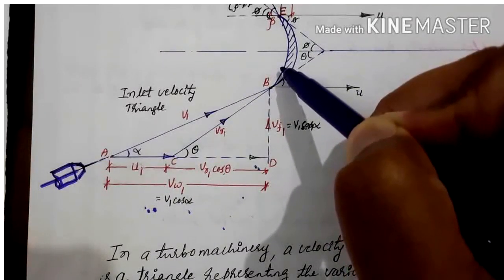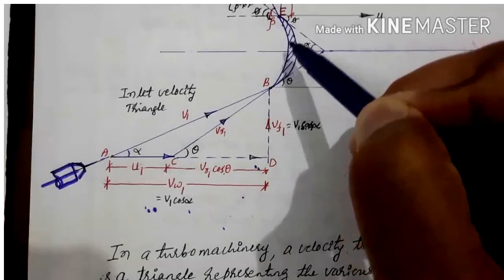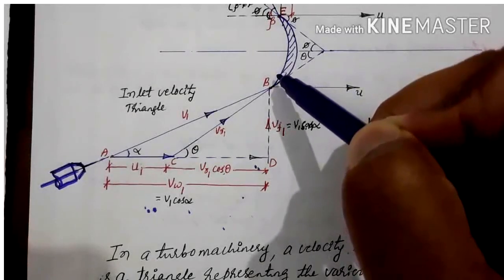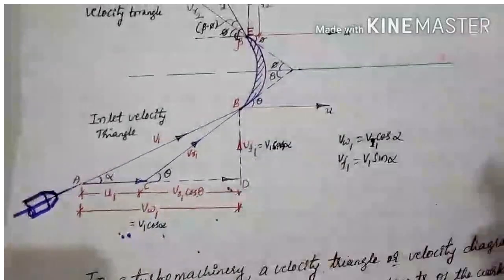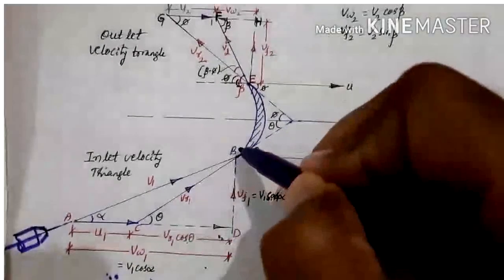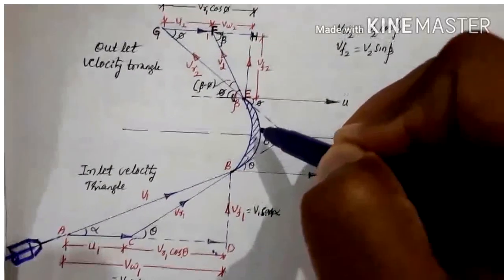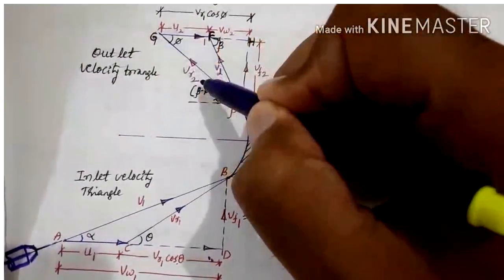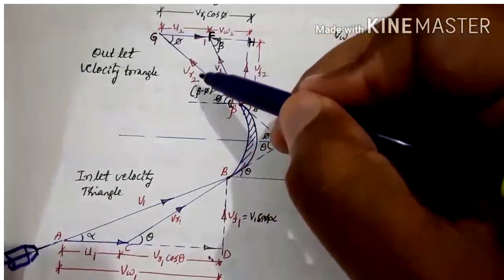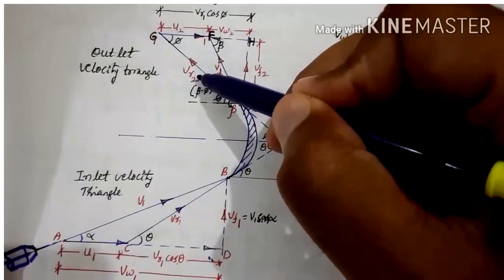Due to that, when the fluid comes out of the blade, it may have a different relative velocity, that is VR2. If this is VR1, then it glides over the surface like this and comes out with this velocity. This velocity is called VR2.